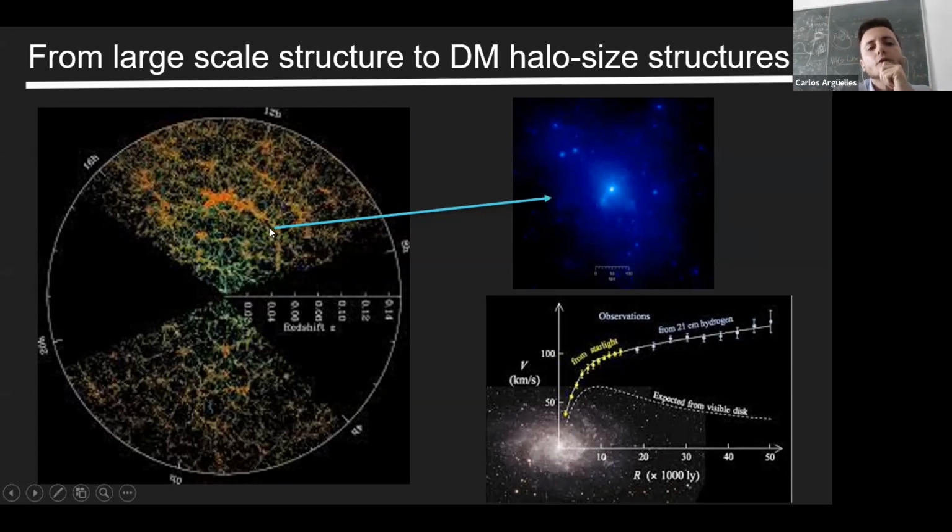So when you point into a node and into an object inside this cosmic web of the size of a halo, let's say 100 kiloparsec, you have this picture of a dark matter halo arising from simulation in this case. And then we can see the role of dark matter in the halos.